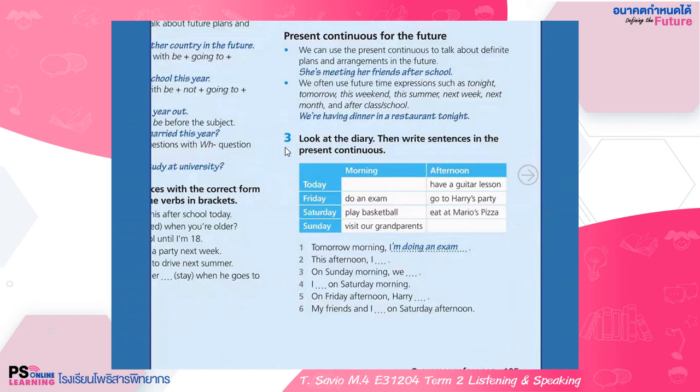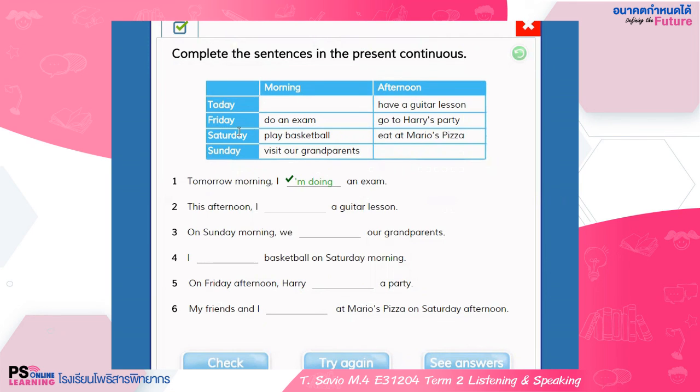Look at the diary, then write sentences in the present continuous. Today, Friday, Saturday, Sunday. And these are the activities in the morning, and these are the activities in the afternoon. Number 1. Tomorrow morning, I'm doing an exam.